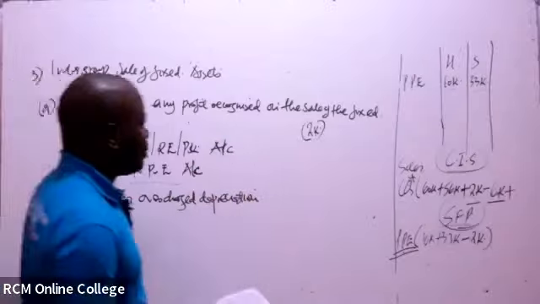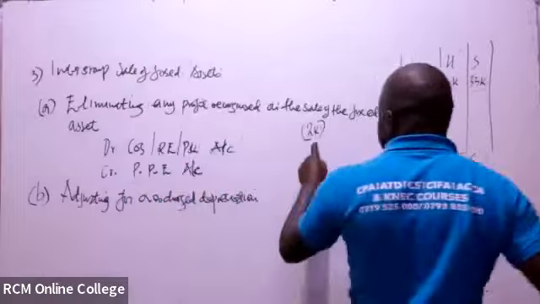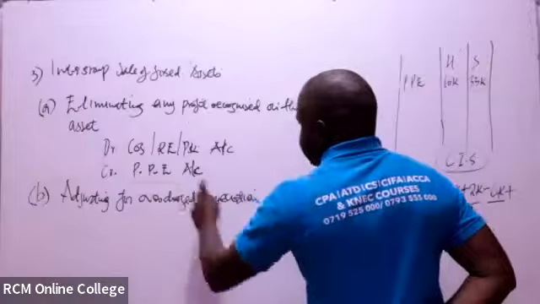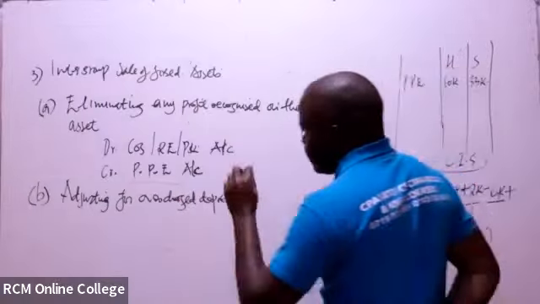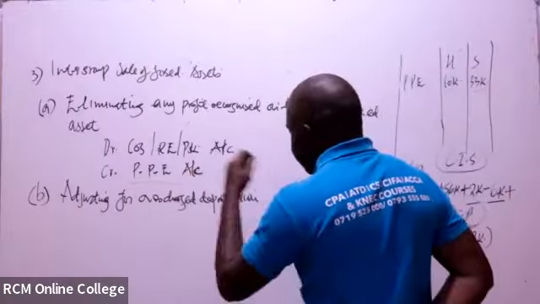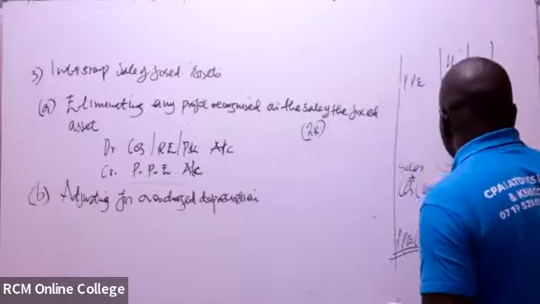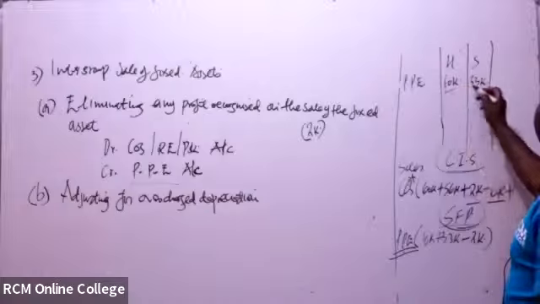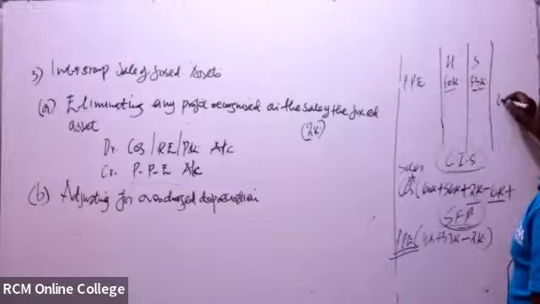So remember, if you are eliminating this amount from the property, plant and equipment, it means if we calculated the depreciation for the year on the initial figure, in this case the initial figure was actually 10 plus 33, which was coming to 43.